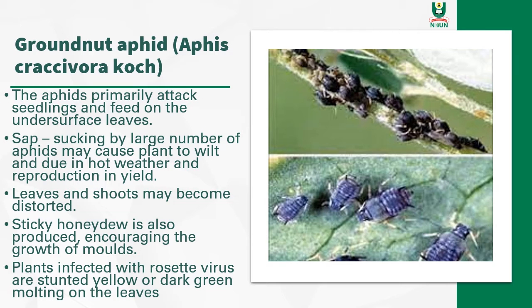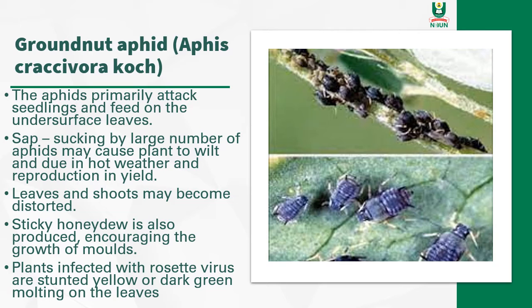Another pest we'll be talking about here is the groundnut aphid, and the name of this pest is Aphis craccivora. And these are aphids, like you can see in this picture here. They're tiny insects, and these aphids primarily attack the seedlings and feed on the undersurface of leaves.